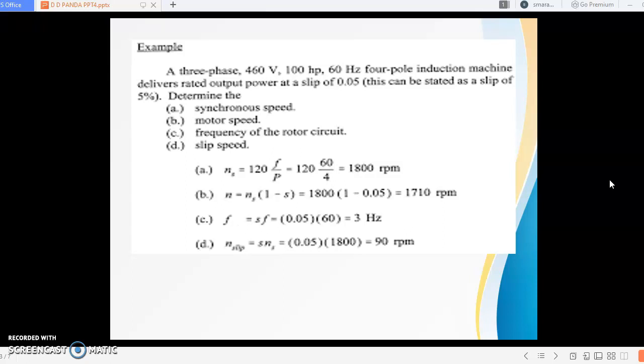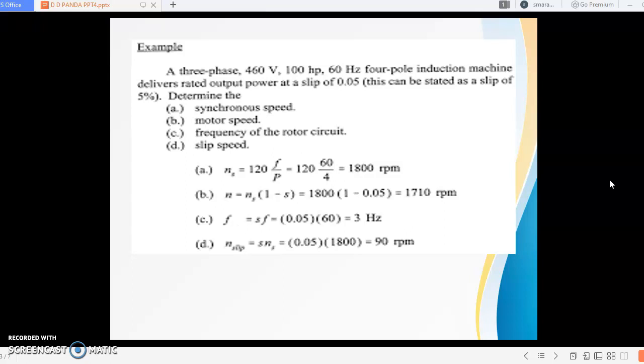Obviously, it is a 3-phase machine and the operating voltage of this machine is 460 volt, no doubt. And mark here students, the rated output power is 100 HP. Next data is given 60 Hz, that is the supply frequency, which is denoted by small f.